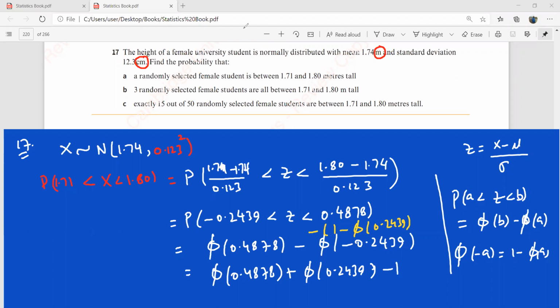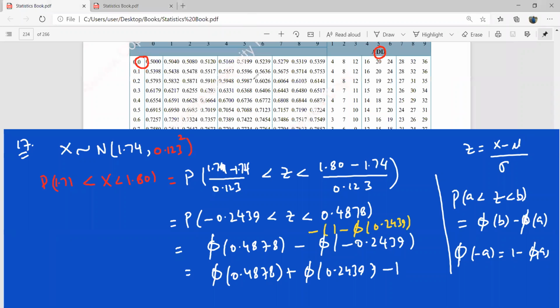Okay, now it's the time to go to the table and see what these probabilities are. 0.4878 is about 0.488. I think that's enough.